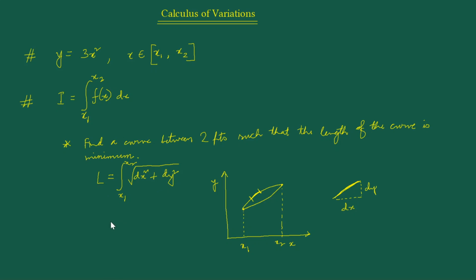Okay, and we can rewrite this expression in a certain fashion. So we can write it like this. Okay, or this dy/dx, from now on we'll just write it like y dash.